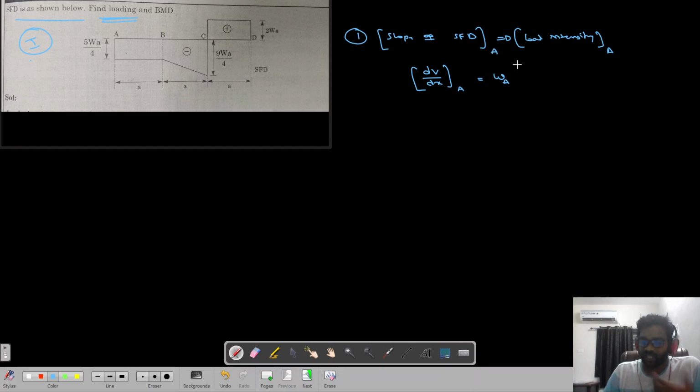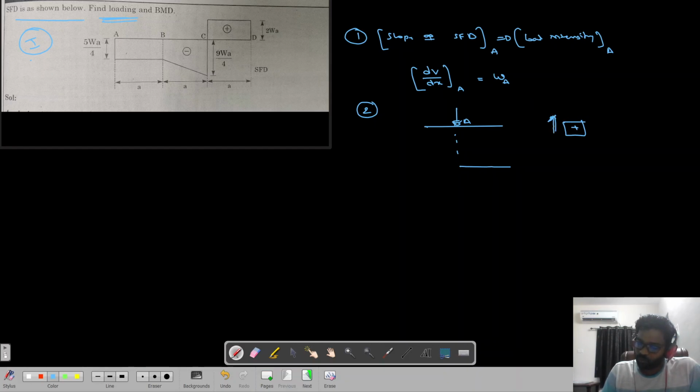The second important point is the presence of a point load. For suppose there is some point load acting like this, a point load, or you can say a sudden load. Due to the presence of a point load in the shear force diagram, there may be a sudden rise or sudden fall. For suppose this point load is acting at point A. At this location, as this load is in the downward direction, this is the sign convention for the shear force diagram, the sign convention on the left side of the section.